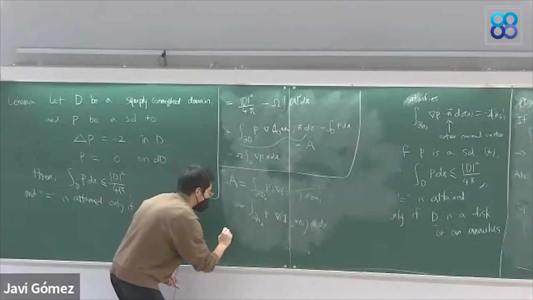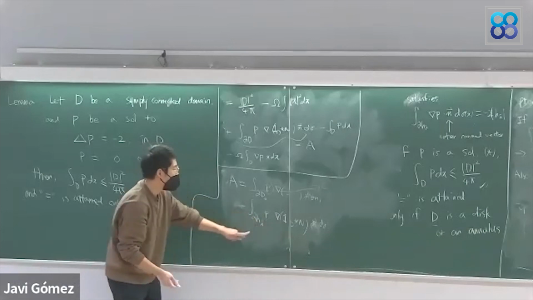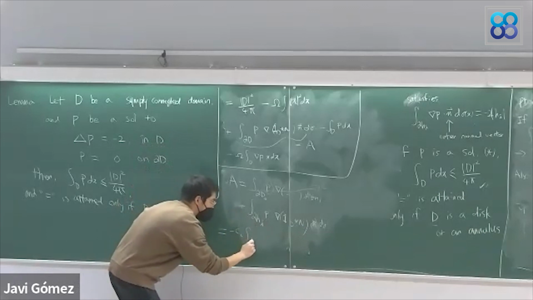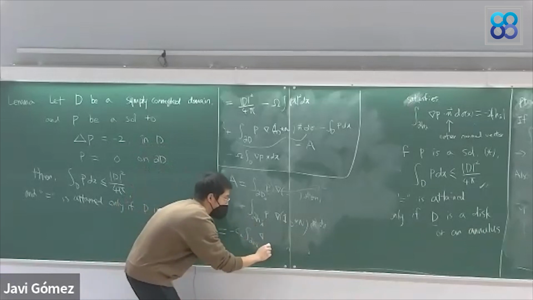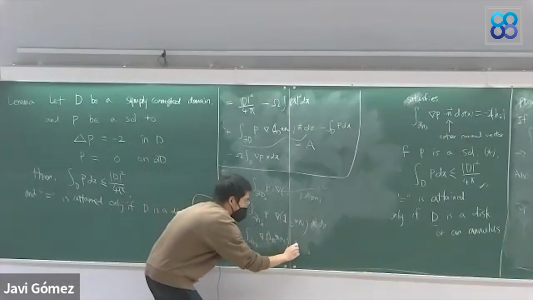You know that P is constant on the boundary of the hole. So this is going to be negative Ci times the gradient of the Laplacian convolution times n.